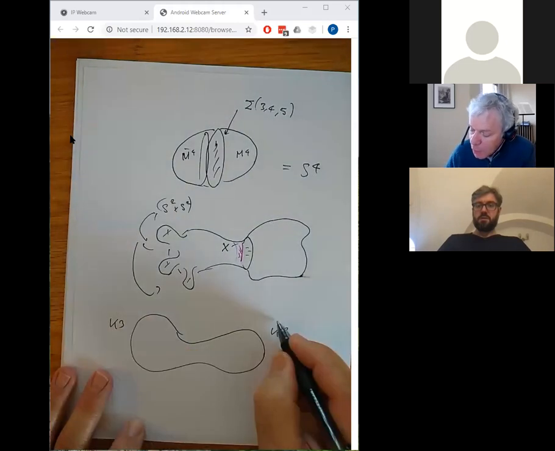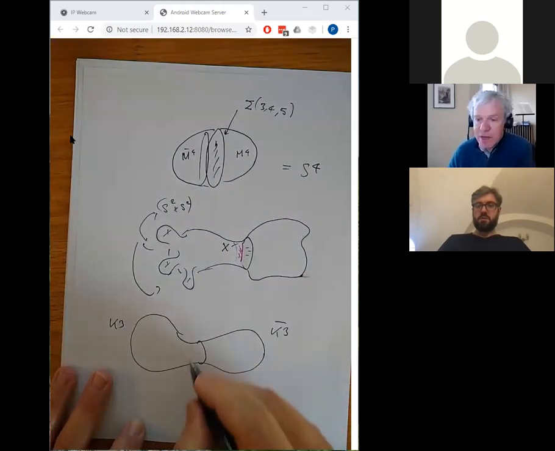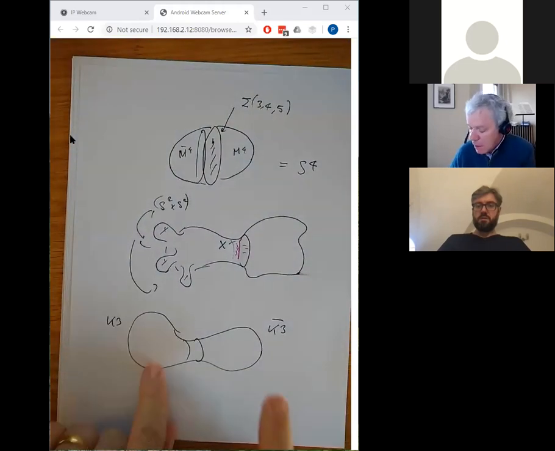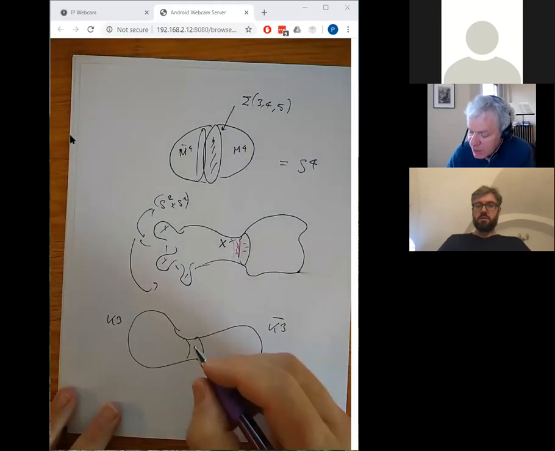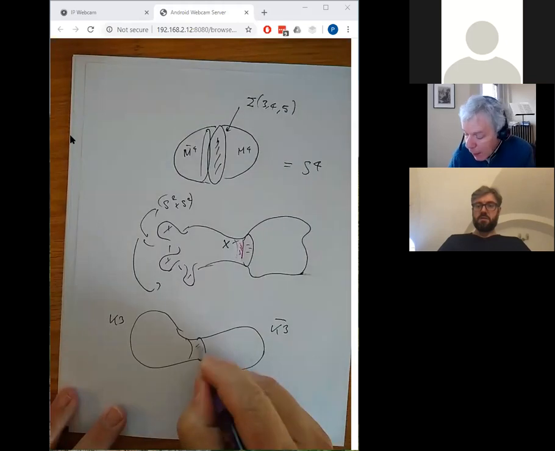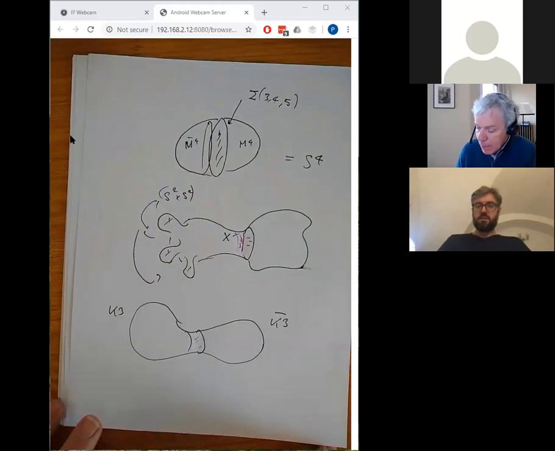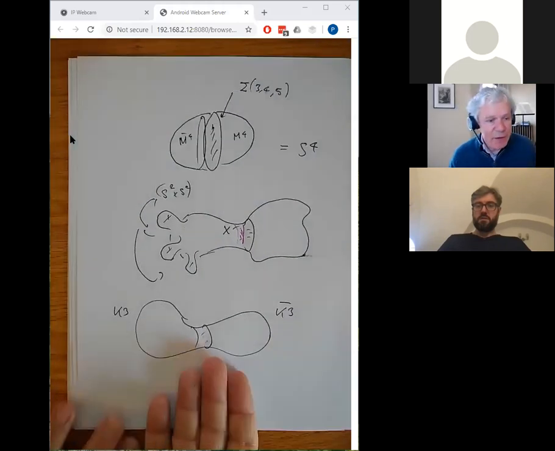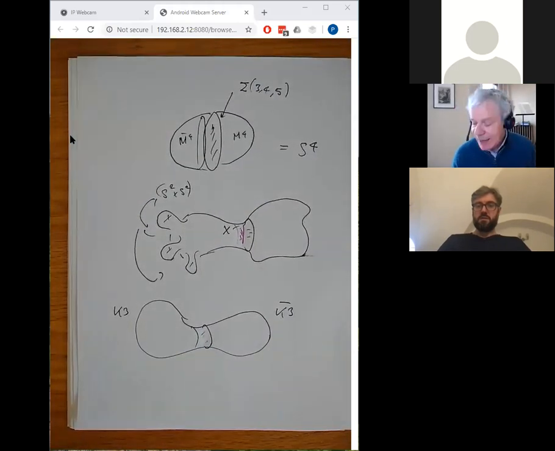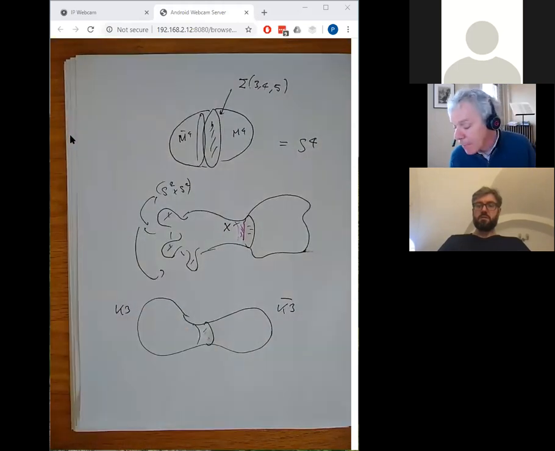You're asking about this picture, and the Dehn twist in the boundary, is that isotopic to the identity? I don't know. I do know that the Bauer-Furuta invariants, at least in any form that I understand how to use them, don't tell you anything about this example. So it's a good question, but we don't know.